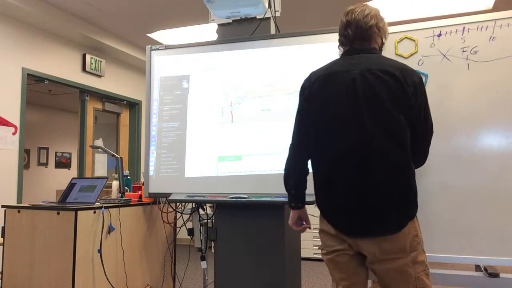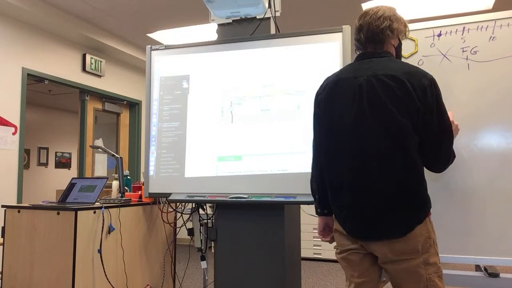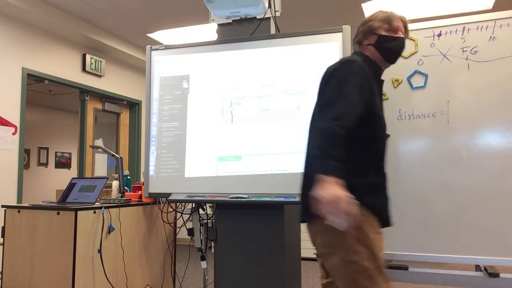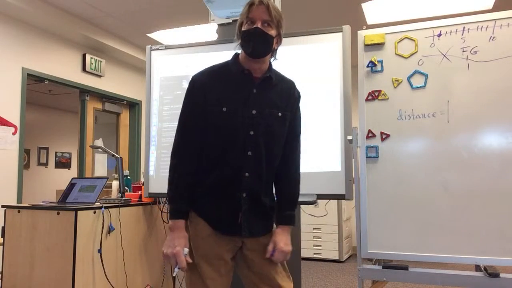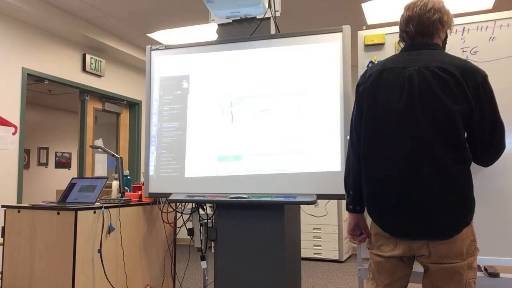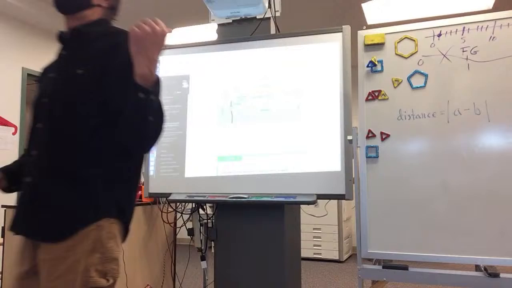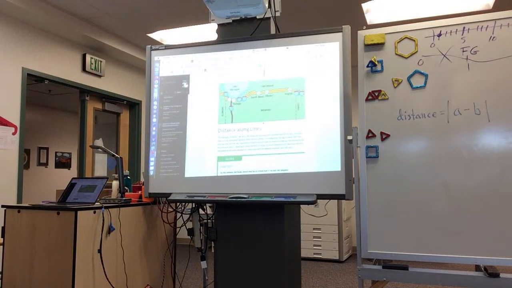We say that distance is equal to the absolute value, always the absolute value, of the difference between two different locations. That's something you should have written down. Distance is the difference between two different locations, and then you take the absolute value of that difference.